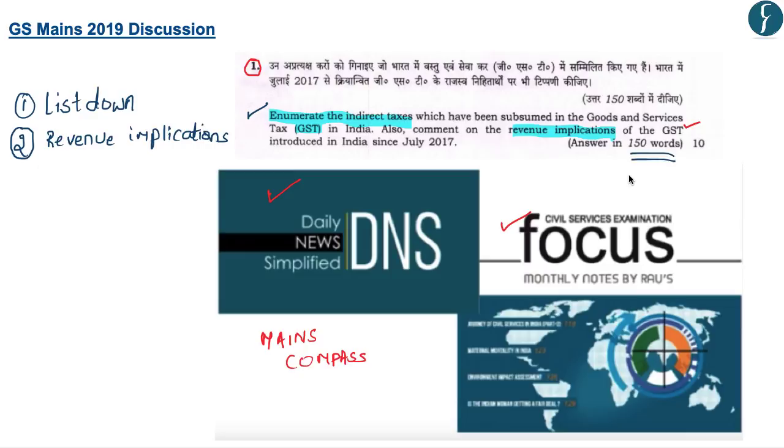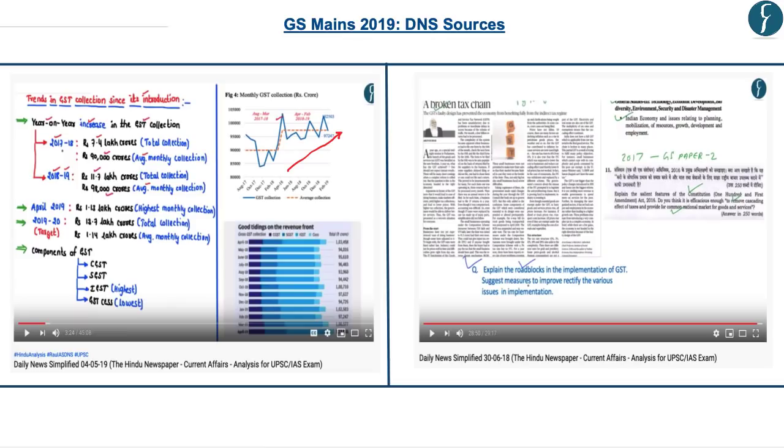Now, before we discuss the answer to this question, let us look into various sources that have covered the relevant topic. Now, this news was covered under multiple DNS analysis, including that on 4th May 2019, in which the trends of GST collection was highlighted on the completion of 2 years of introduction of GST.